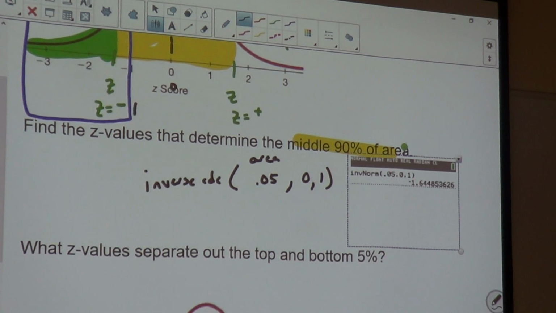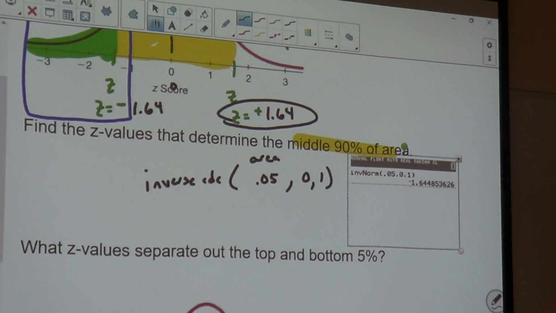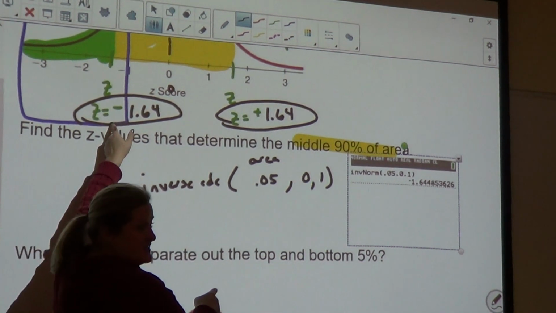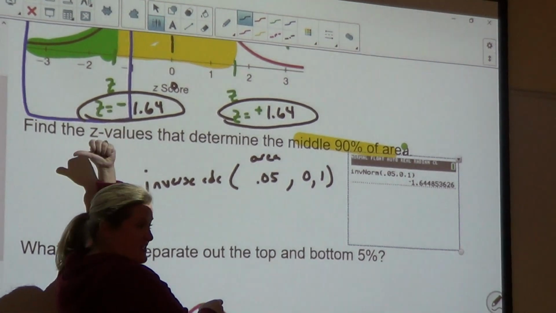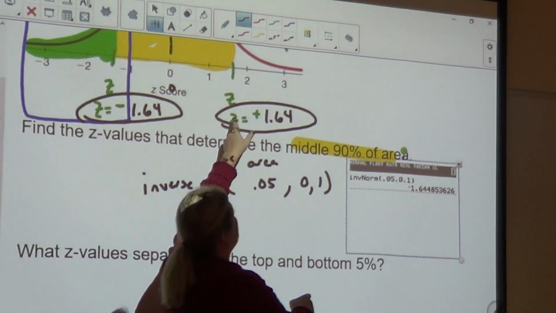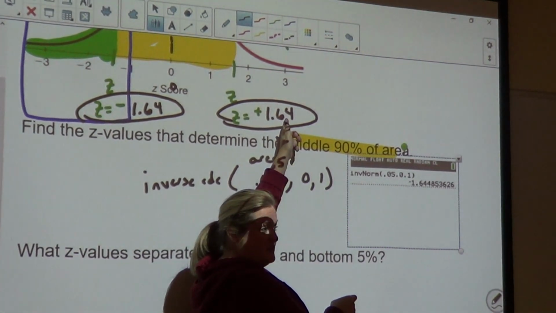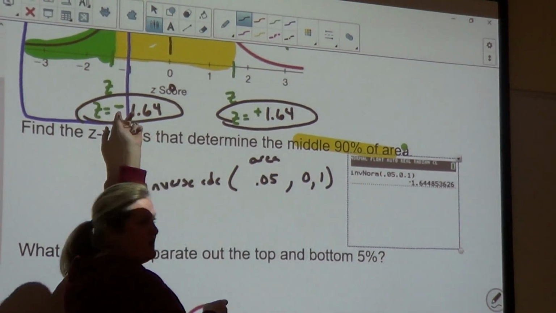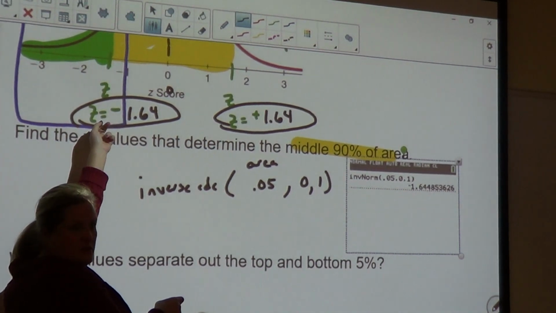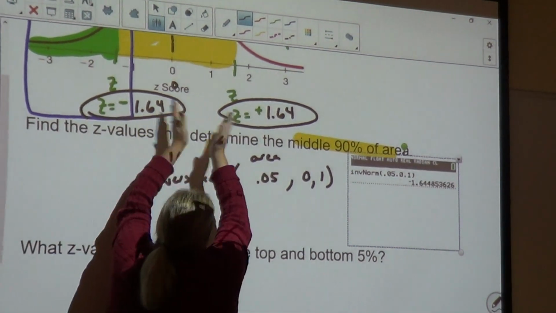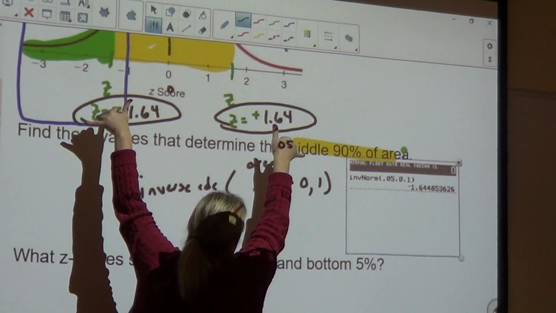So one's going to be negative 1.64 and the other one's going to be positive 1.64. Now, the reason this one was correct is because I was doing a tail. If I would have done this one, it would have been incorrect, but I could have changed it and then changed it back to get this one. But inverse norm doesn't like to do this, inverse norm likes to do that.